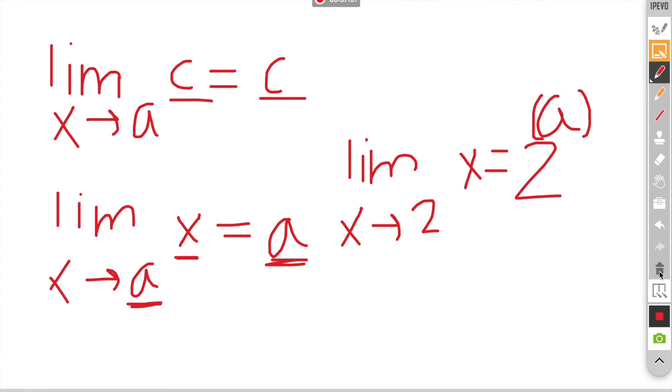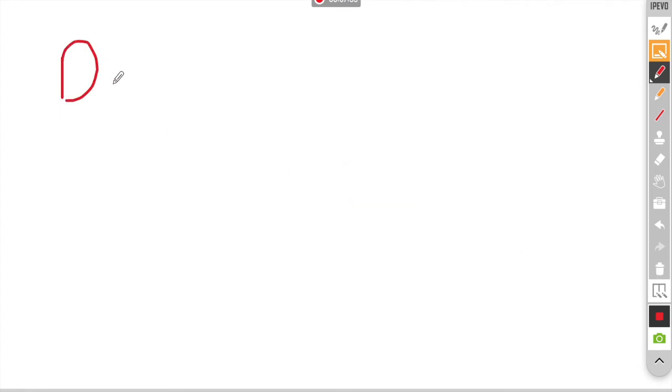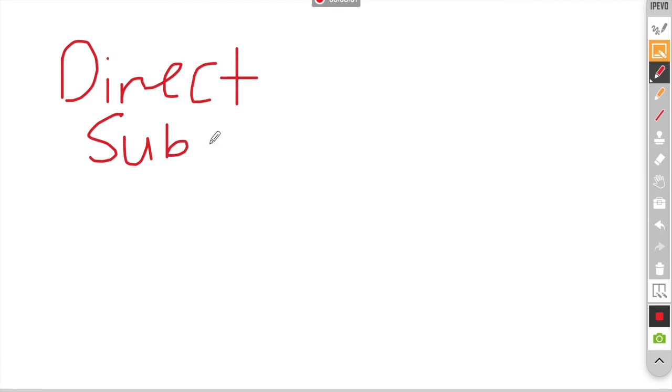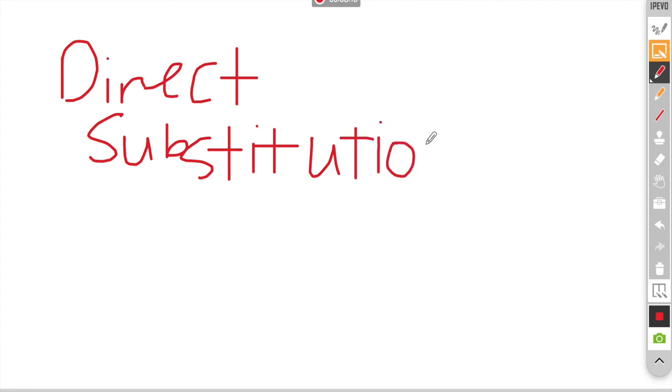Right? And then the last property I'm going to talk about is the direct substitution property. This is the most important one of them all. So you must remember this one. Those other ones kind of come along, you get used to them, meaning you do it automatically.